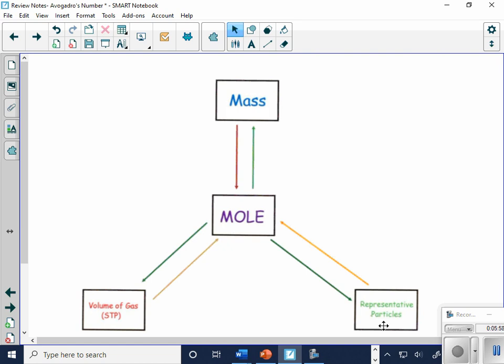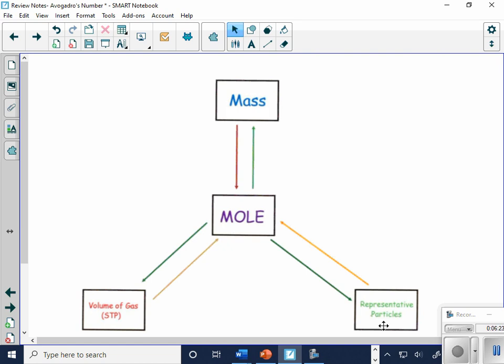If I say representative particles, it could be atoms, it could be formula units, it could be molecules. But if you're doing a test or a quiz and you don't know, and you say, I'm going to get around this by just putting representative particles, it should be labeled molecules, but I'm going to put representative particles.